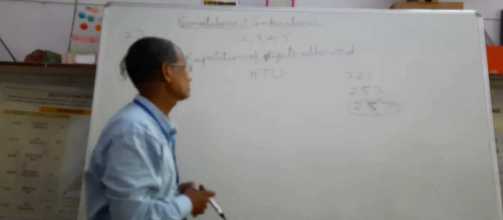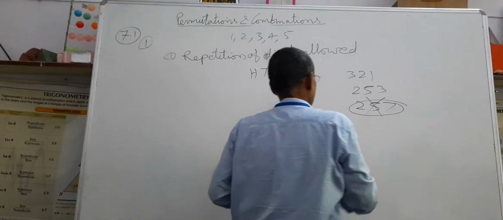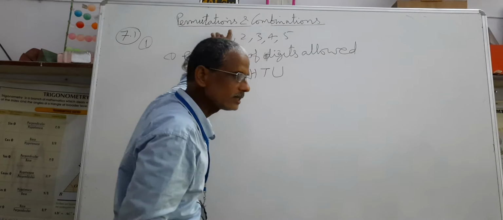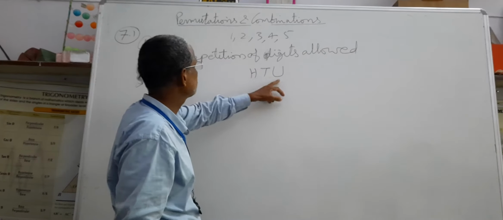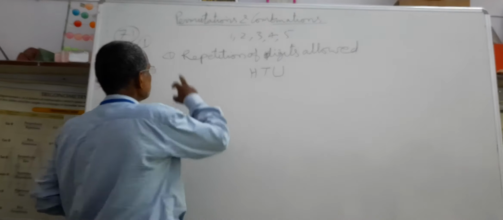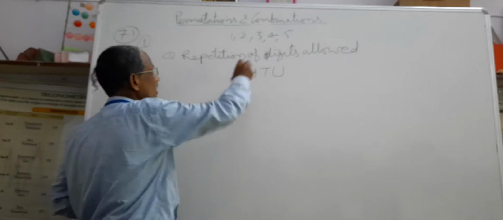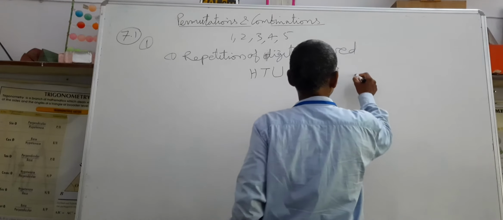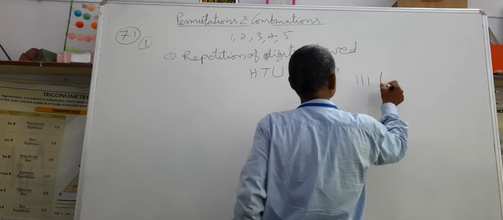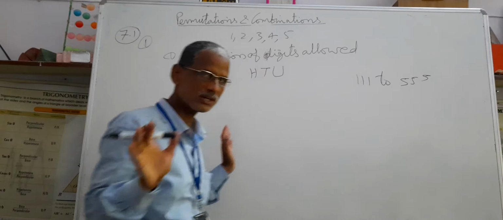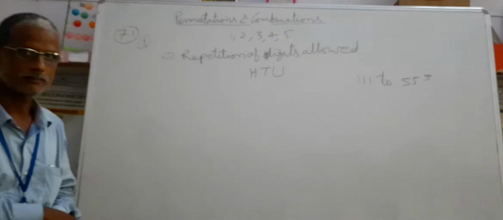Your job is to put three digits from these digits at these three places: unit place, 10 place, 100 place. Here the question says repetition of digits is allowed, so from 111 to 555, all numbers can be taken.